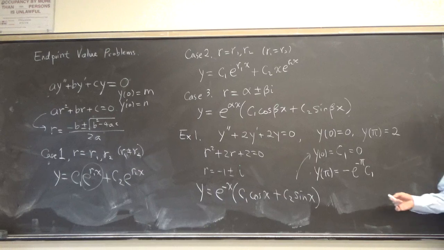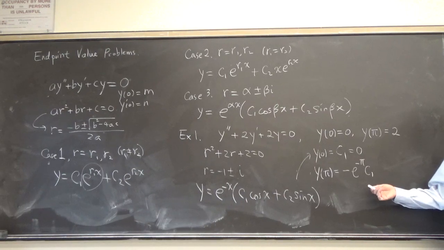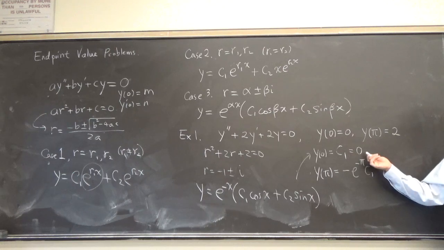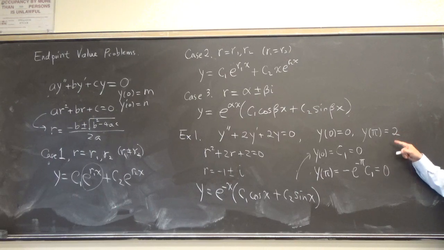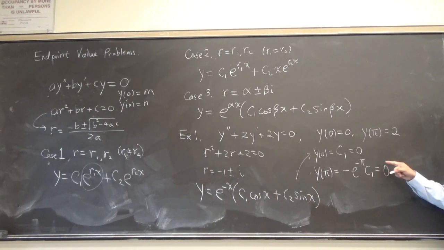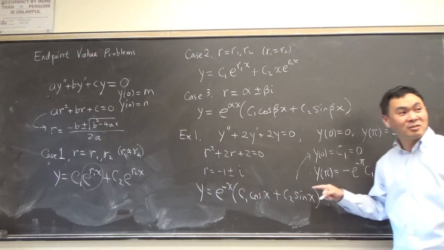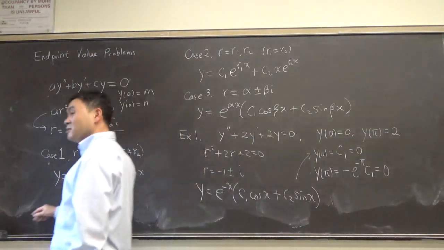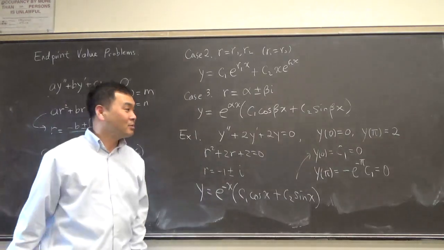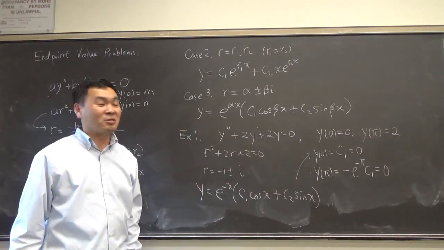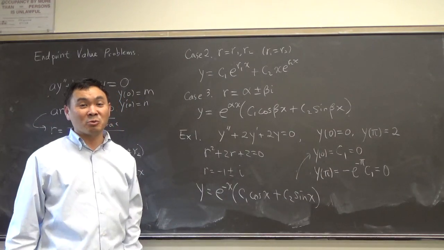So you have y of pi as this, but we just said c1 is 0, so this will be forced to be 0. There's no way that it can be equal to 2. So what just happened? There is no solution to such an endpoint value problem.